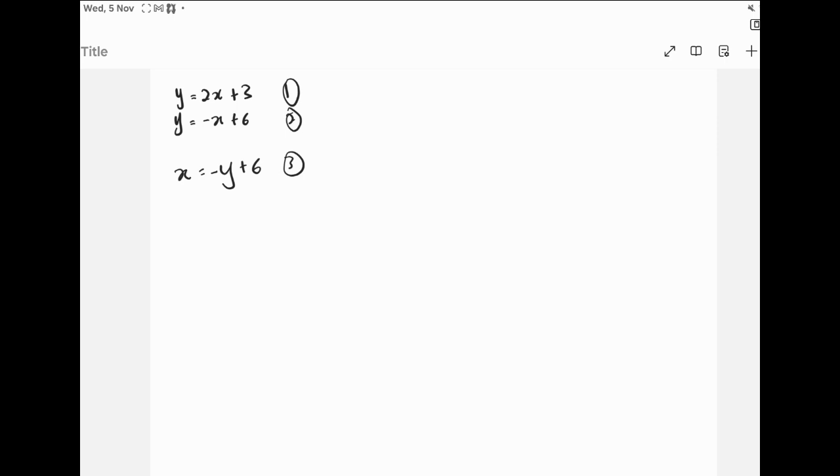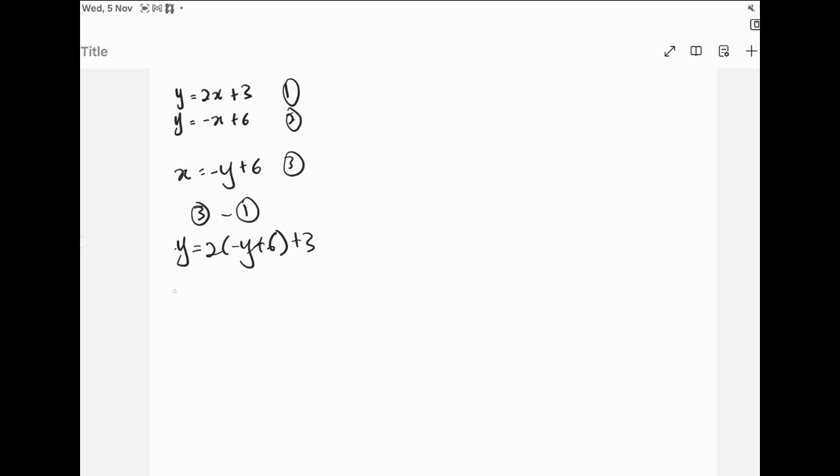Now we have the equation in terms of x. Let's substitute it into the first equation. So 3 into 1. We're going to have y equal to 2 times (negative y plus 6) plus 3, right?